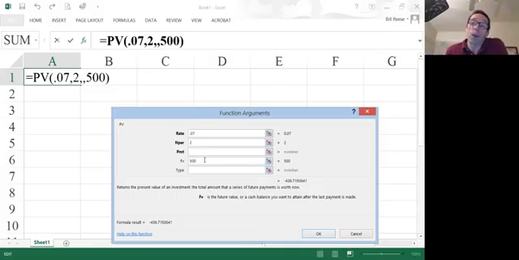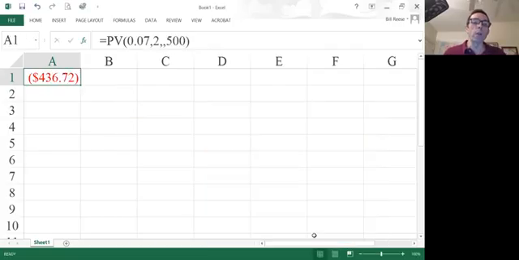So Excel is going to say, okay, here's what you need as a cash inflow today so that you can have a cash outflow of $500 in 2 years. And Excel says the answer is $436.72. So that if I have $436.72 today, it will grow and become $500 in 2 years.